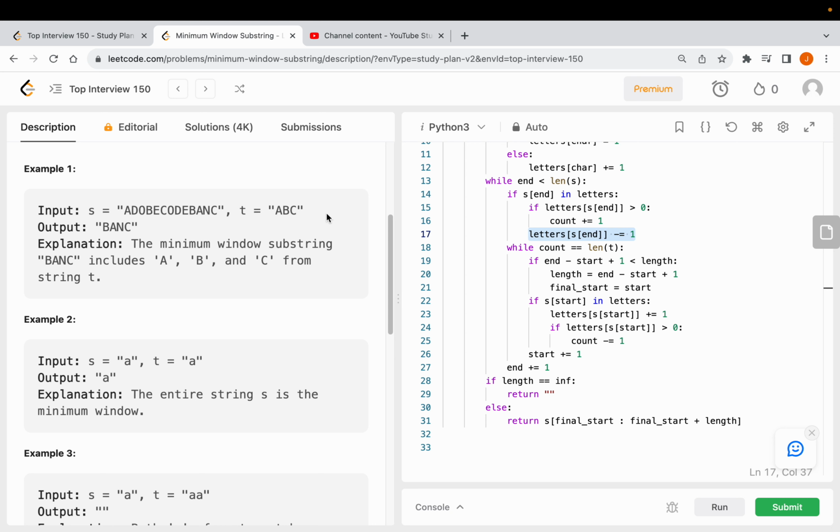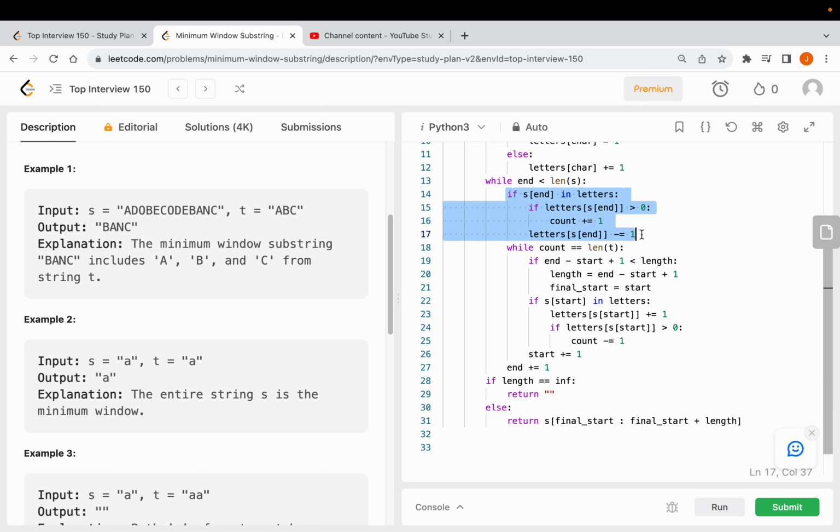We still need 1B and 1C. For now we have only found 1, so count is 1, and length of T is 3. We haven't found all the letters we need, so this will have to wait.